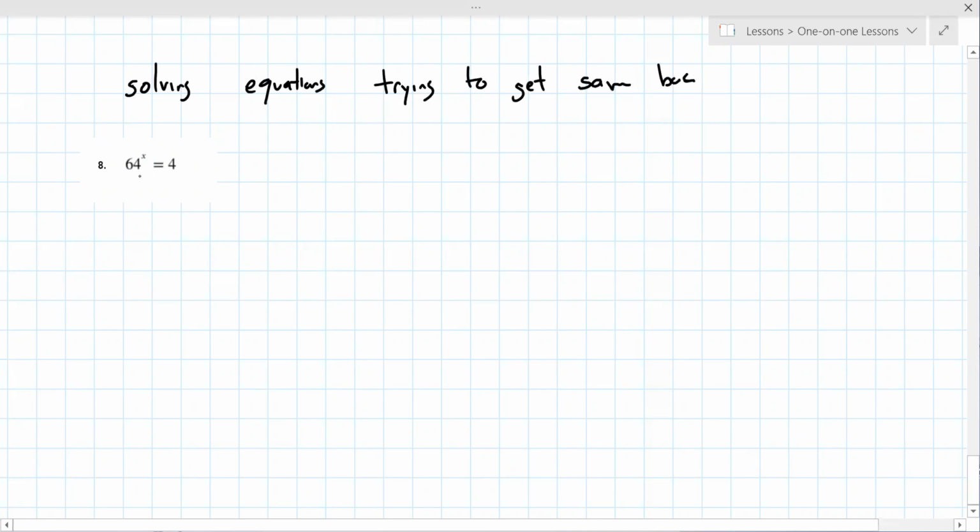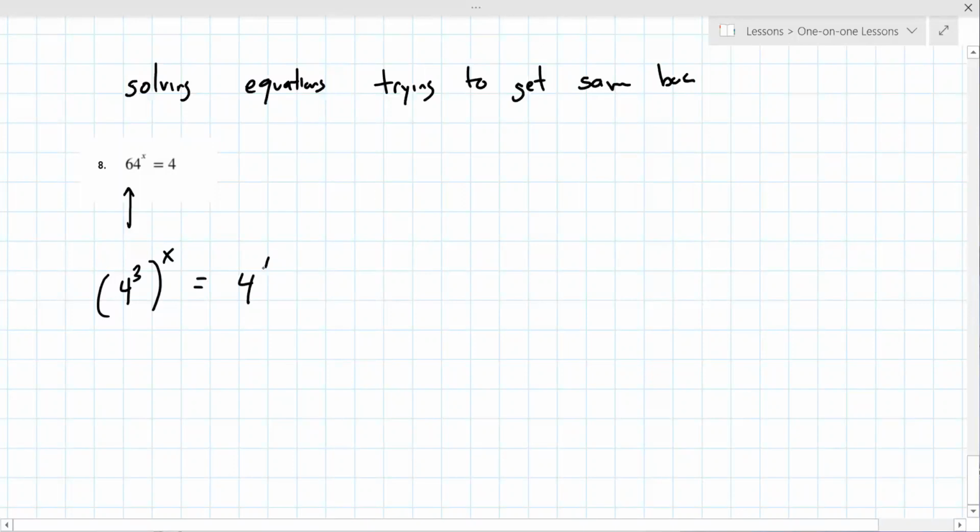When you're solving, this is part of a category we would call solving equations, trying to get the same base. When I look at 64, I realize 64 is 4 to the power of 3, which happens to be the same base as 4.